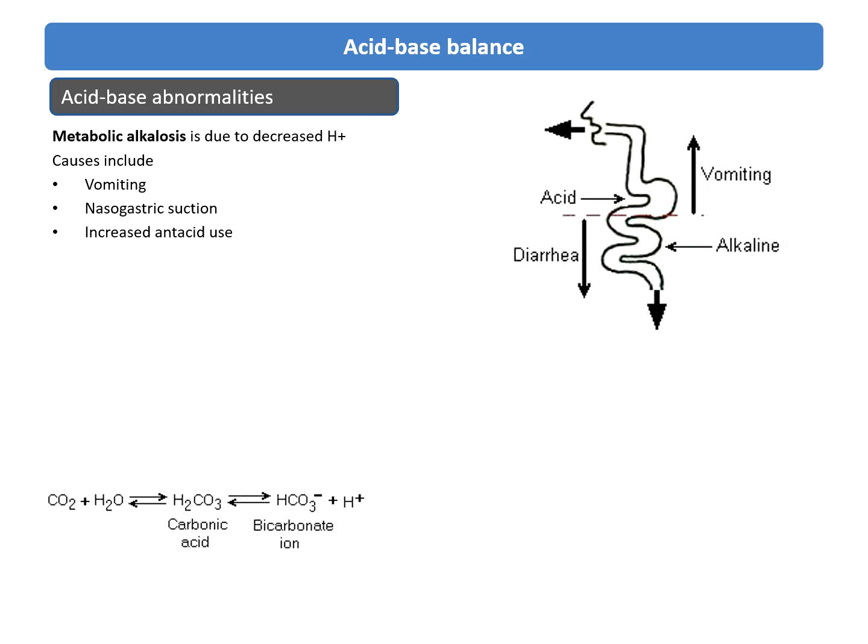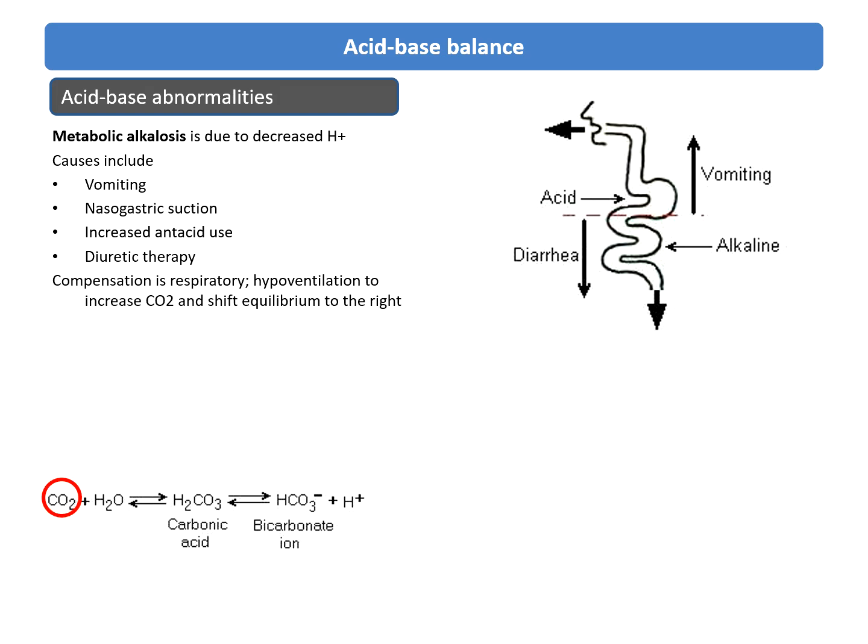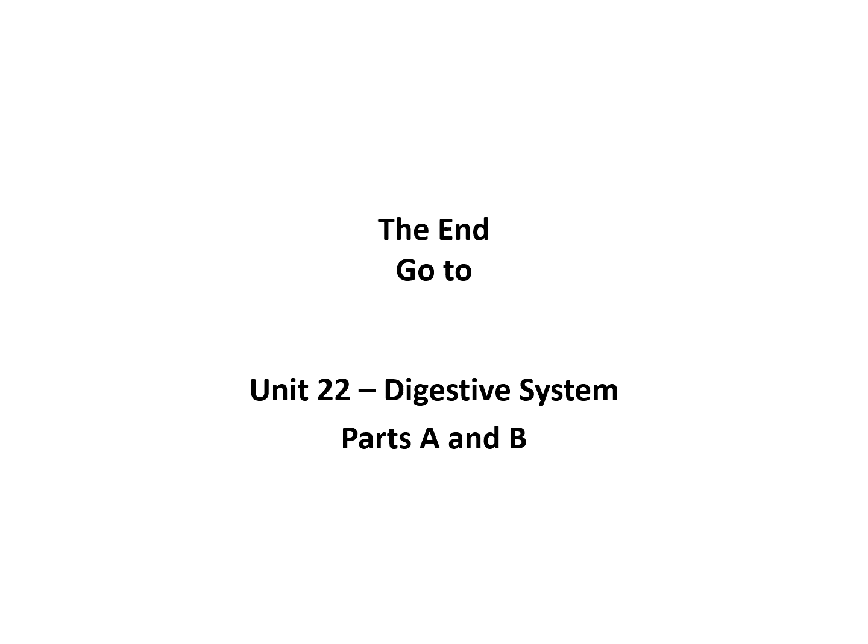Increased antacid use. Diuretic therapy. Compensation is respiratory. Hypoventilation to increase carbon dioxide, equilibrium shifts to the right, and hydrogen ions then increase.